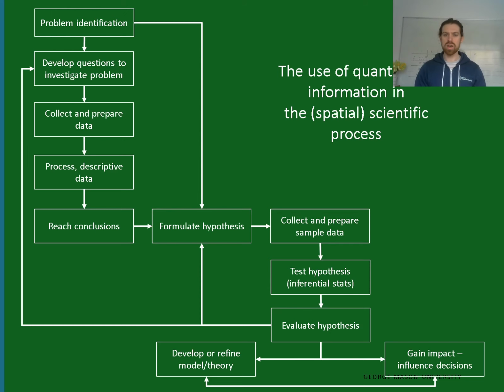That contrasts with what we're moving on to now, where we may formulate formal hypotheses about the way that we think the world works. Then we go out and collect data, and prepare that sample data in order to test these formal hypotheses. When I say formal, I mean that we may expect that the world works in this particular way.